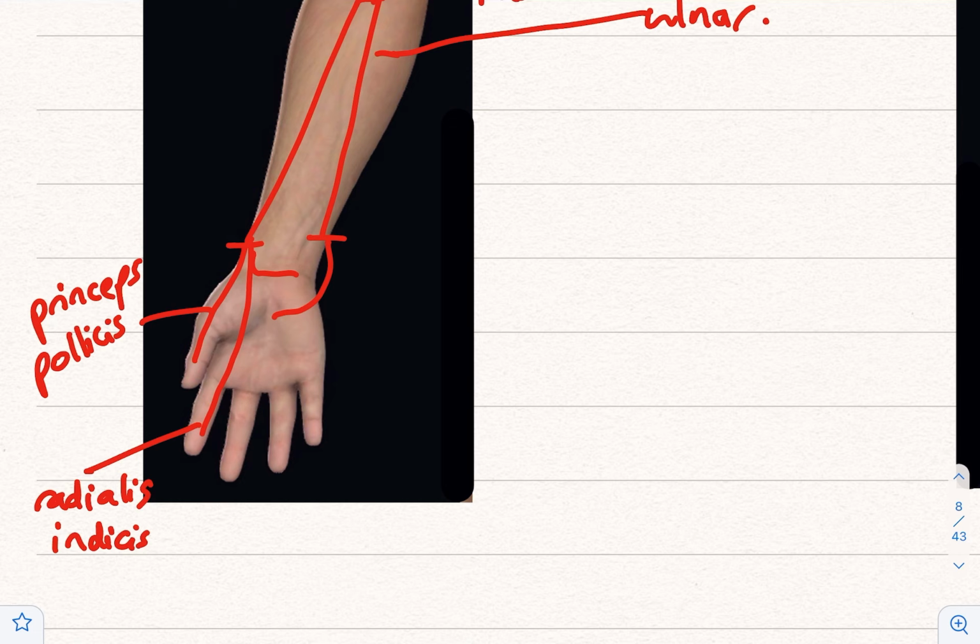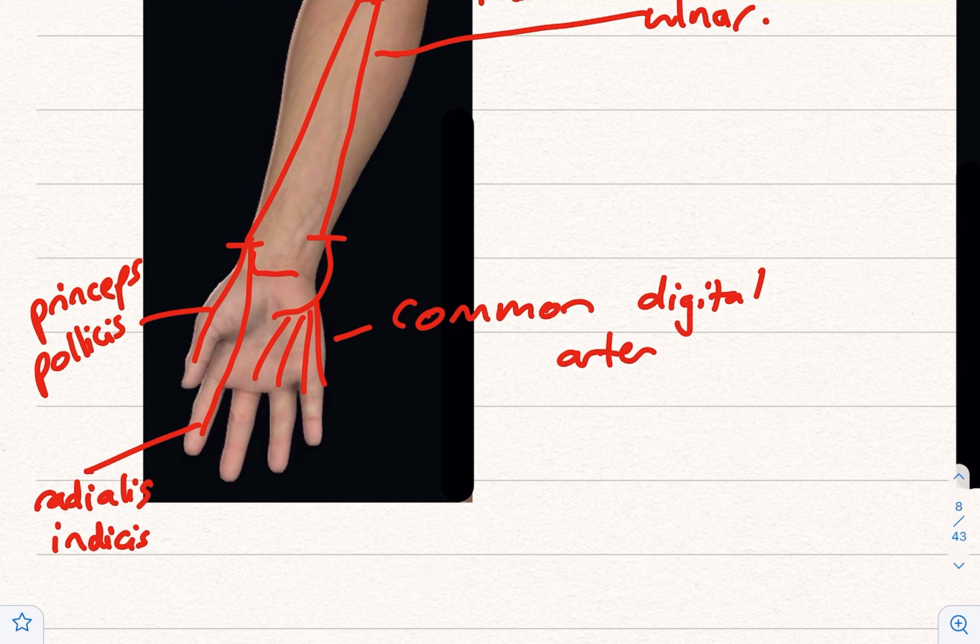So the ulnar artery has this superficial palmar arch. That then does a bunch of divisions to form the common digital arteries, and then more divisions for the proper palmar digital arteries.